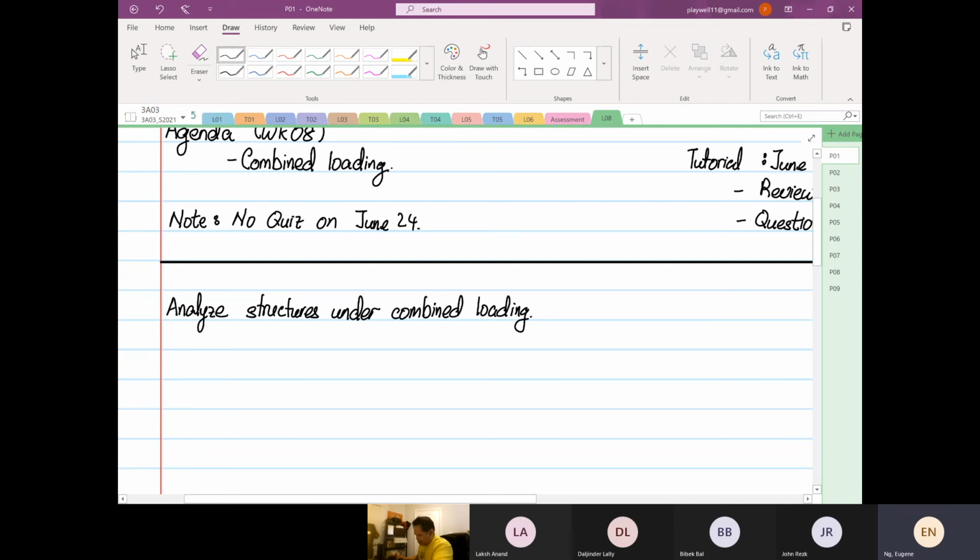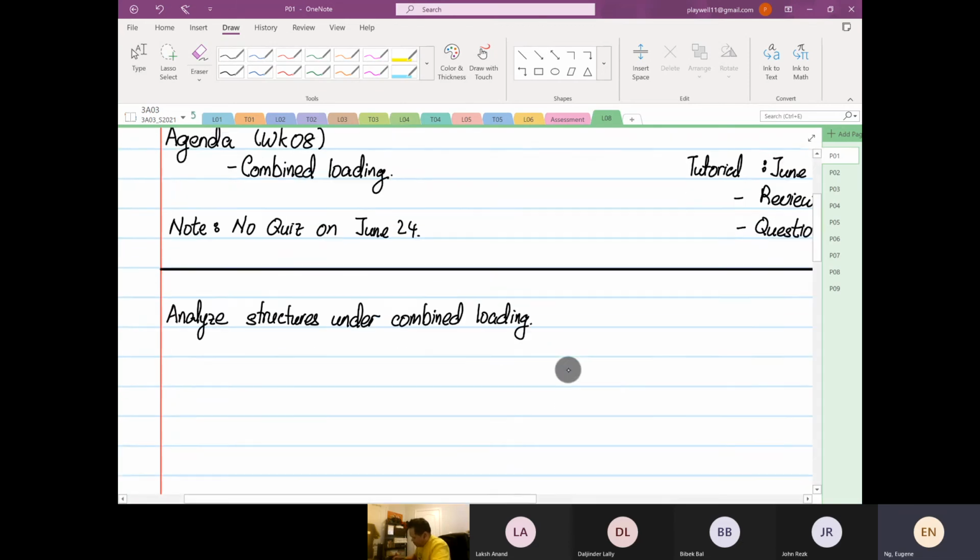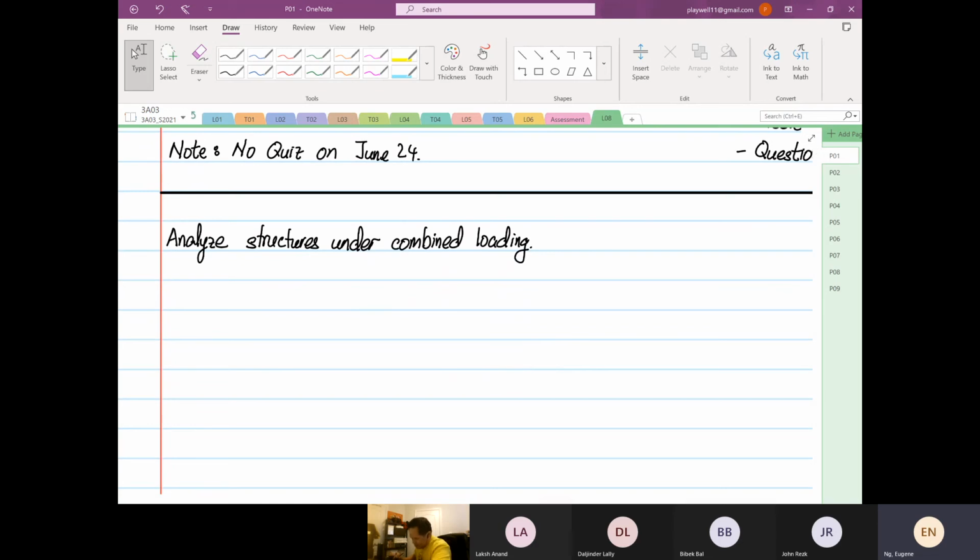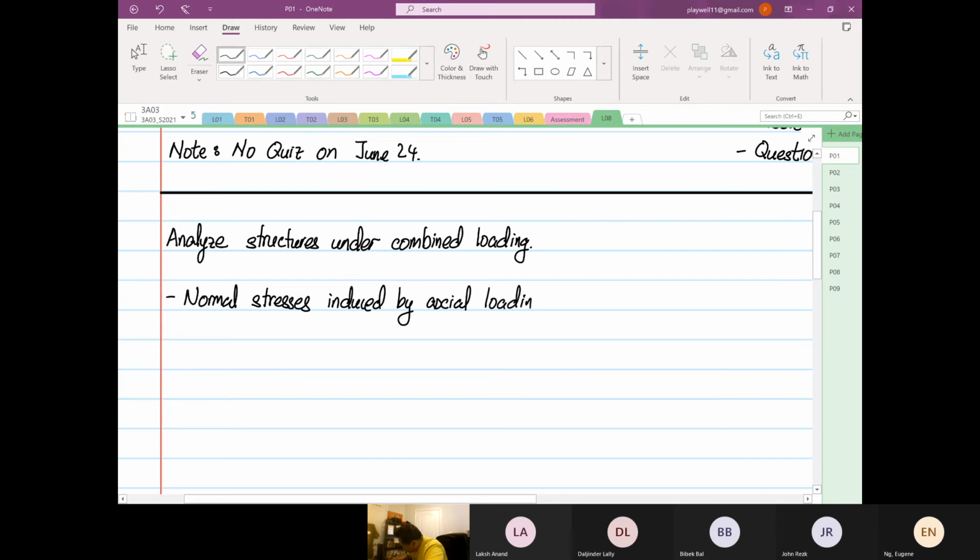So what do I mean by combined loading? From what you have learned before, we have normal stresses induced by axial loading and bending moment.